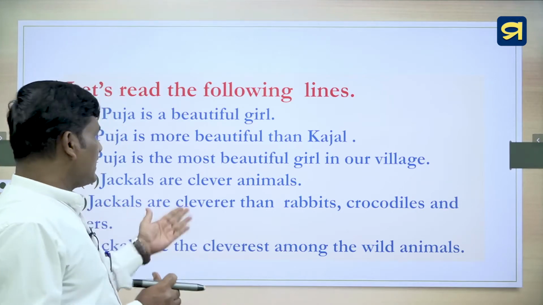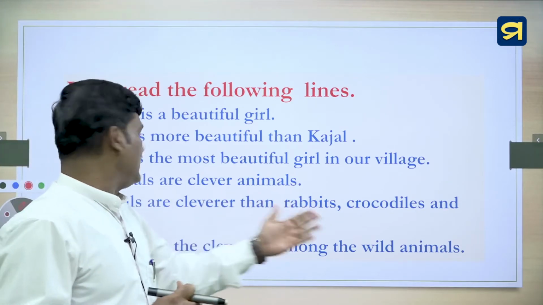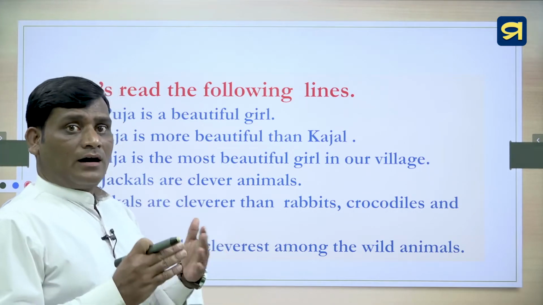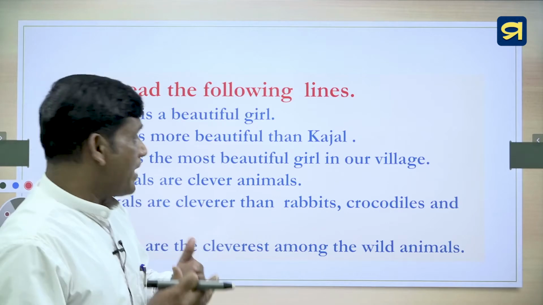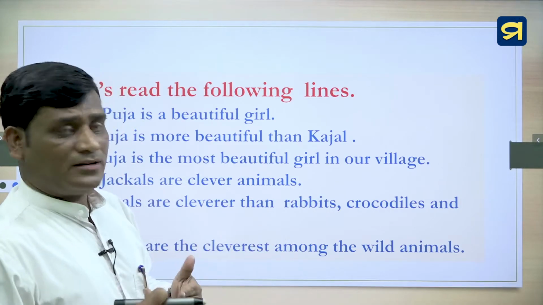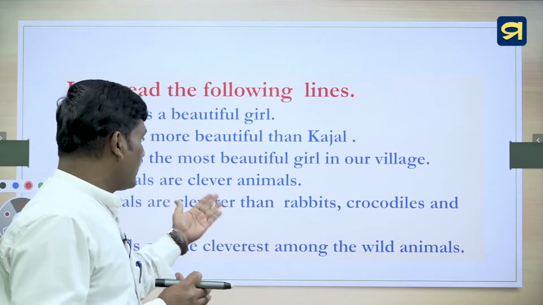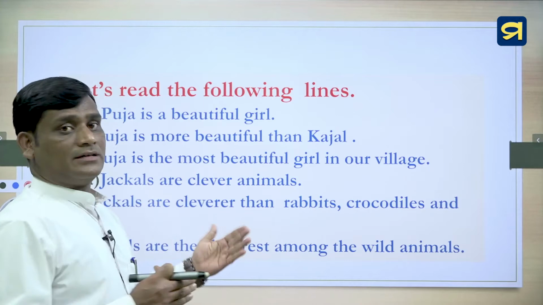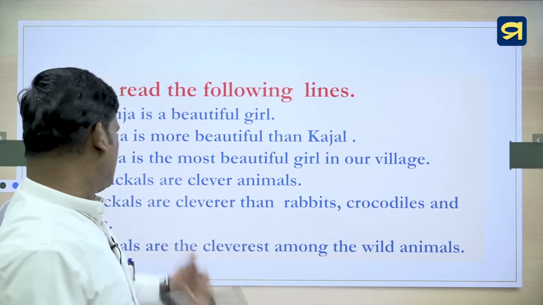Similarly, jackals are cleverer than rabbits, crocodiles and tigers. Here, the jackal's quality is described, and it is compared with the rabbits and crocodiles and tigers. So comparison is made here. Though clever is the positive degree, cleverer is the comparative degree of adjective.